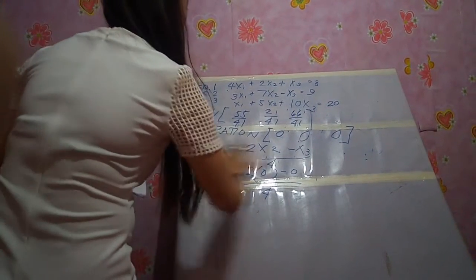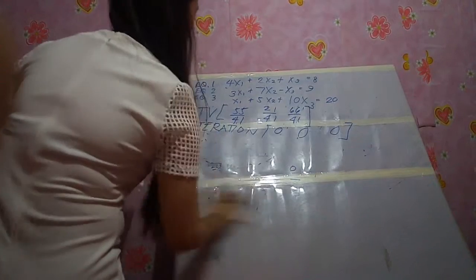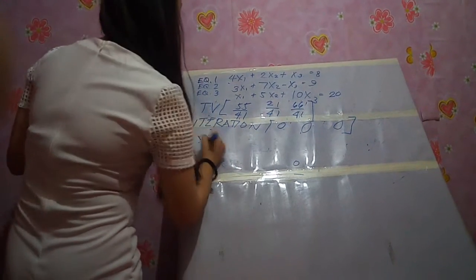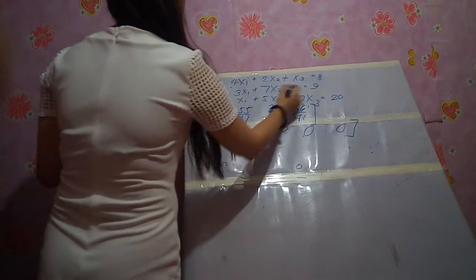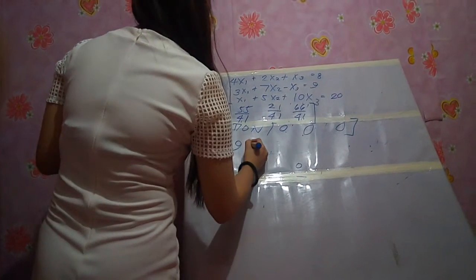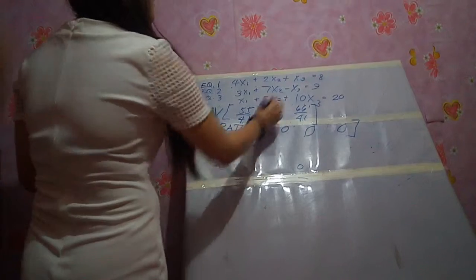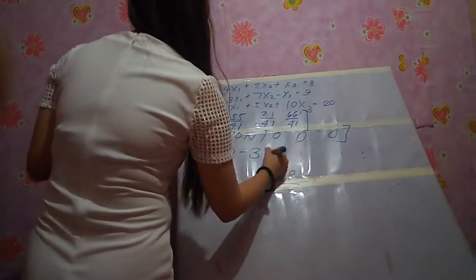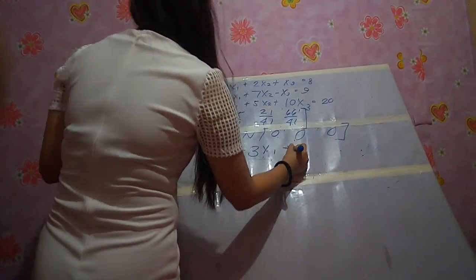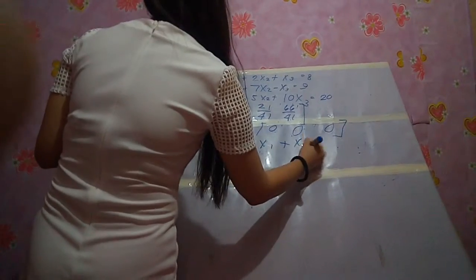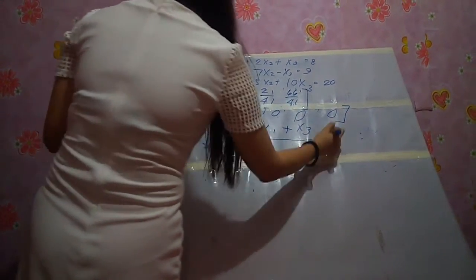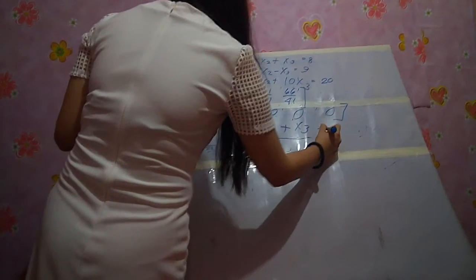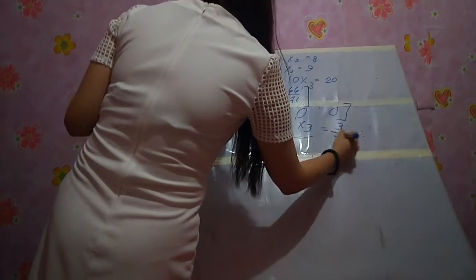And for x2, we'll have 9 minus negative 3x1 plus x3 all over 7, which will then be equal to 3 over 7.